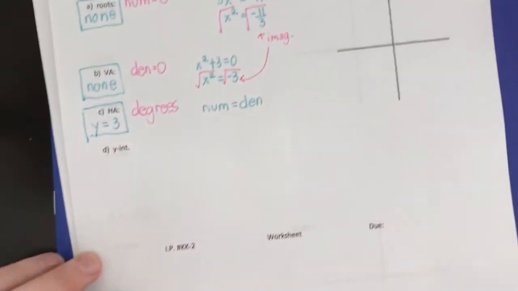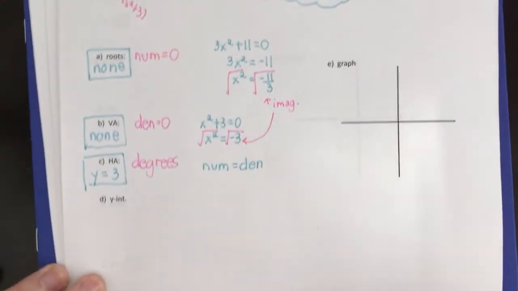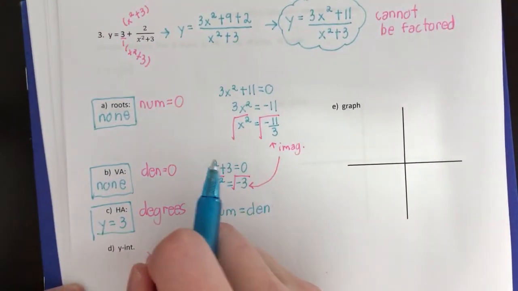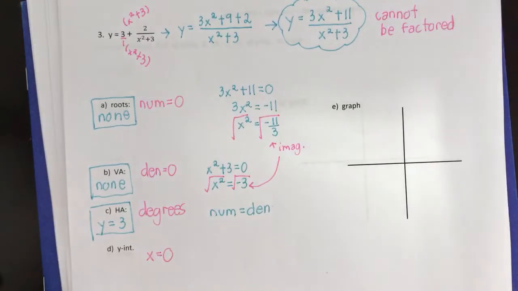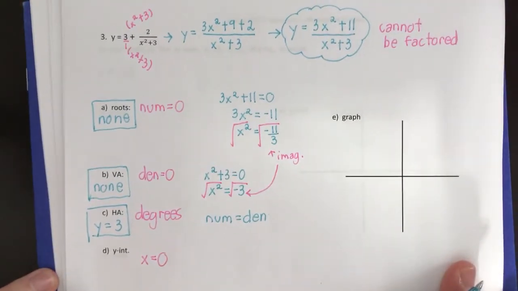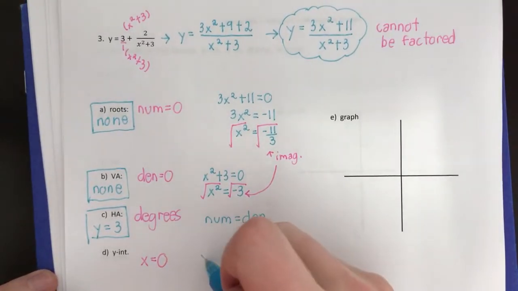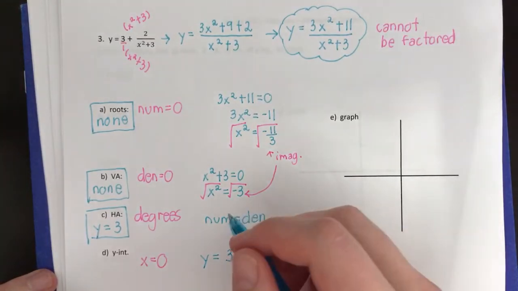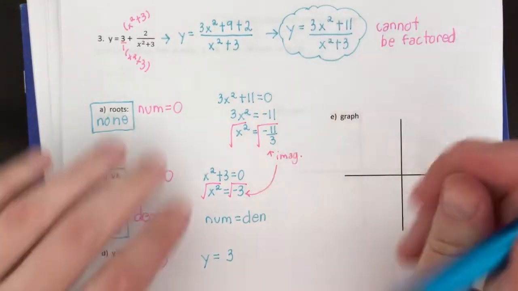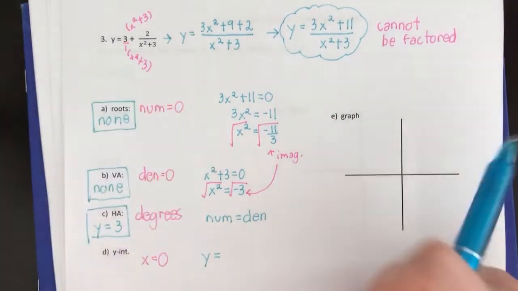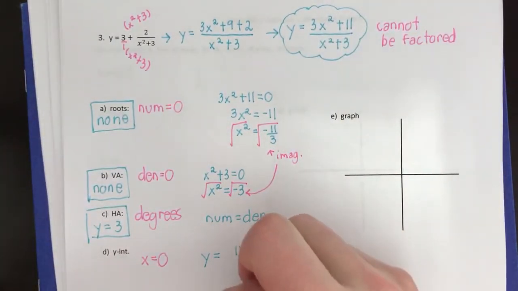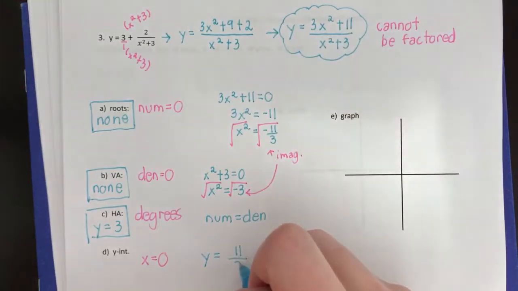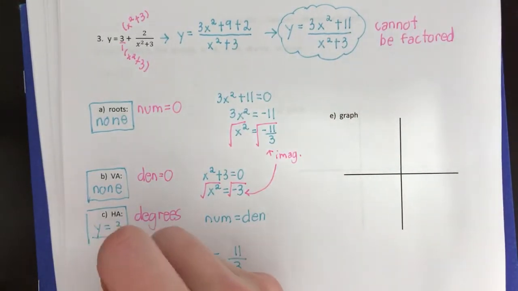All right, y-intercept is where x equals 0. If I can fit this all on here. So y equals 3, where I see x, I plug in 0, so actually you should know that's going to turn to 0, so 11 in the numerator over, that's going to become 3, so 11 thirds, 0, 11 thirds.